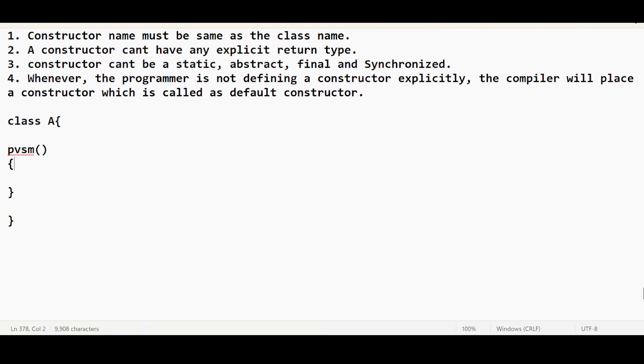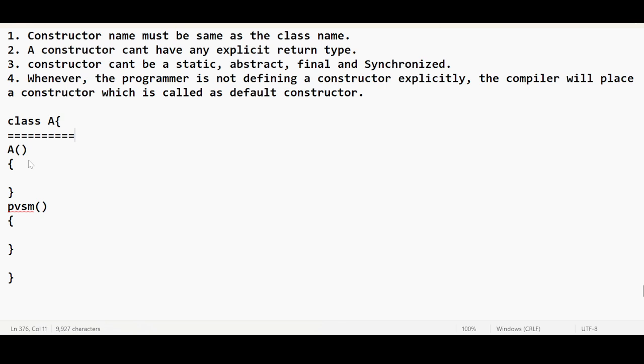The programmer did not define any constructor, so the compiler is going to add a constructor which is the same as the class name. The name of the class is A, followed by a block. So these things will be defined by the compiler.